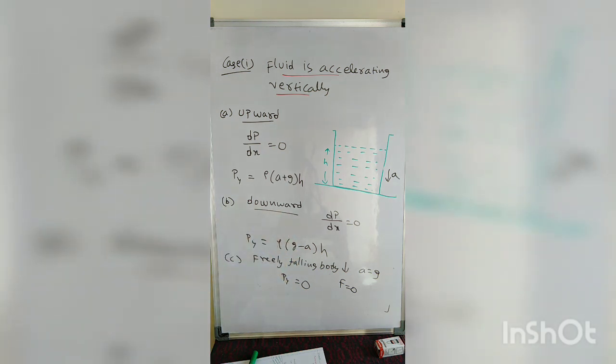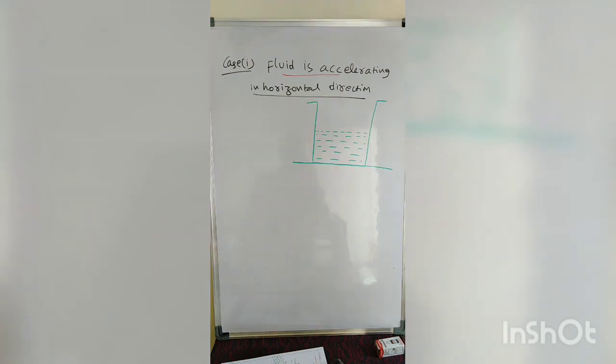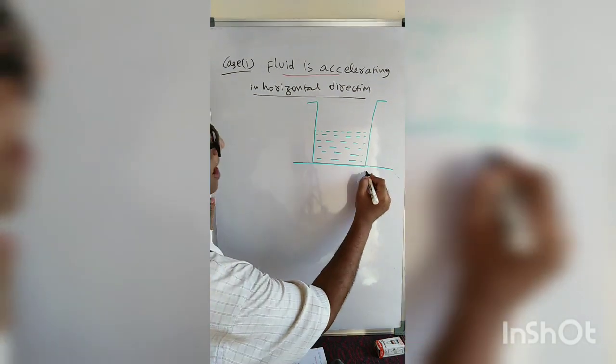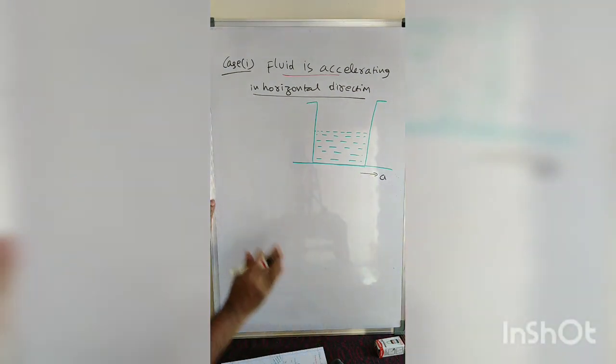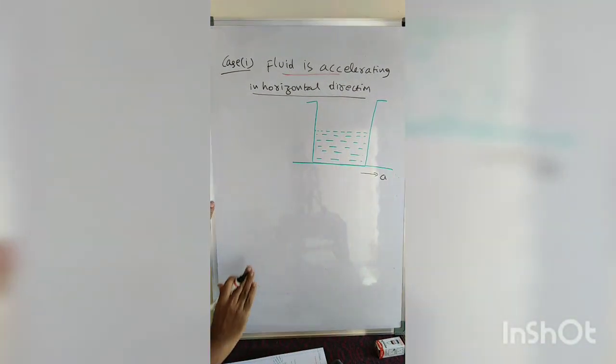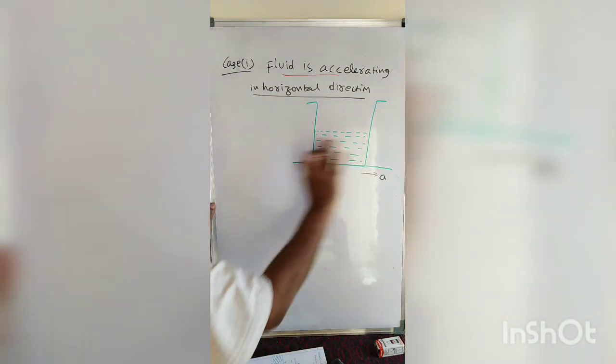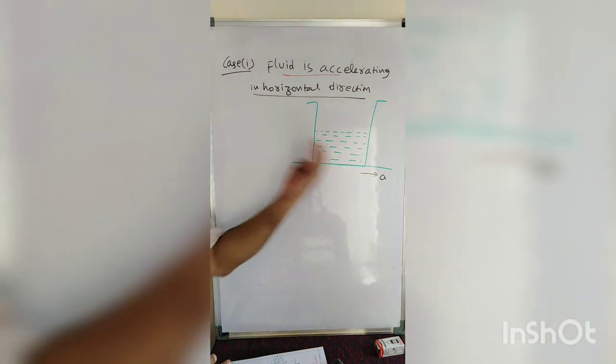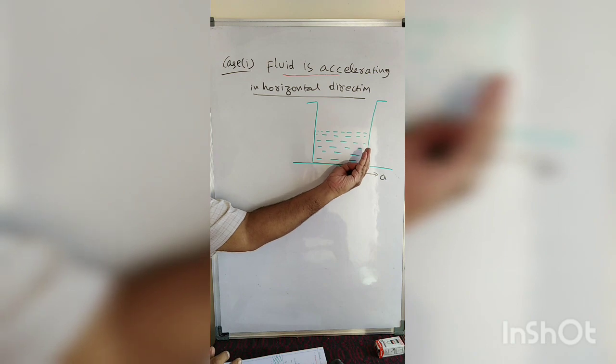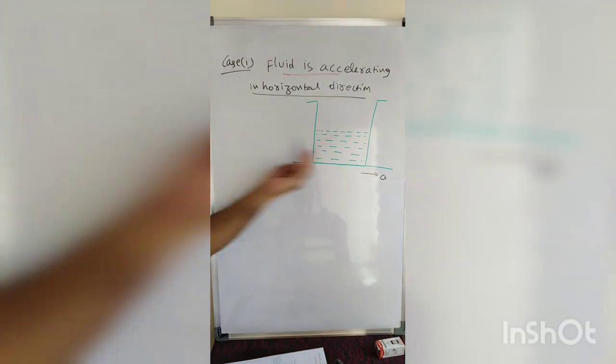Okay, now let us look at when the fluid is accelerating in the horizontal direction. When the fluid is accelerating in the horizontal direction, what will happen? Observe carefully. Let us say this is the direction of the acceleration. If this is the direction of the acceleration, then definitely a pseudo force will act in the opposite direction.